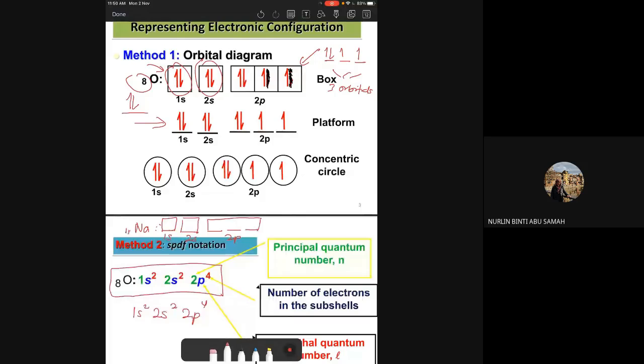Kat sini, 1S kamu isi 1, 2, 3, 4, 5, 6, 7, 8, 9, 10, sambung 3S, 11. That is how you write the electronic configuration yang menggunakan orbital diagram.